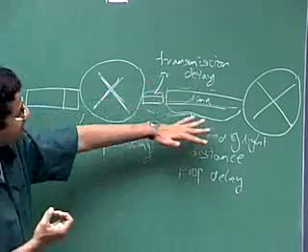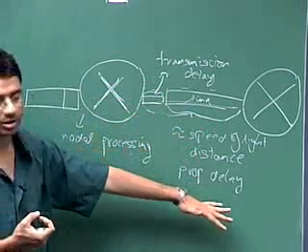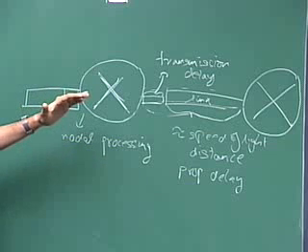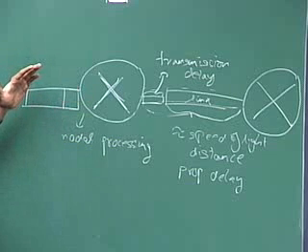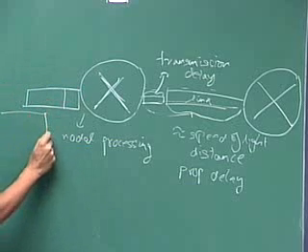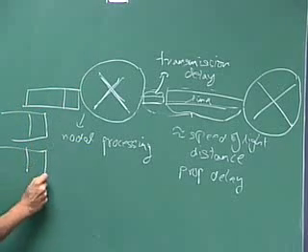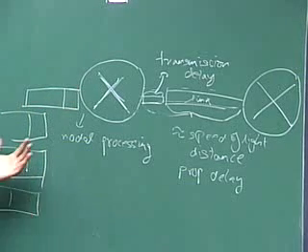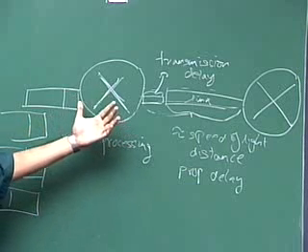So yeah, the transmission delay does not overlap with the propagation delay. Now, the fourth kind of delay, which is a queuing delay, happens when data arrives in bursts. So you're getting a number of packets arriving in a burst at this router.